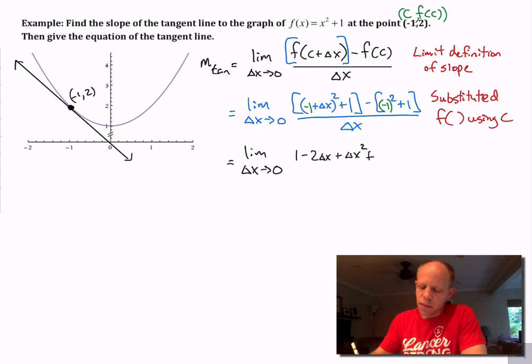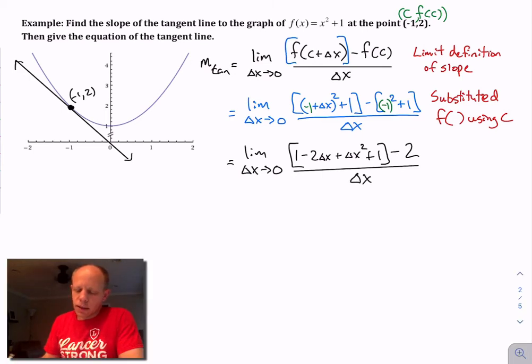Next, we still have that plus 1 right there. Okay, so this is that entire part in these brackets right there. Now we need to subtract f of c. And so we could perform the (-1) squared plus 1, and that would equal 2. Or you can just come up here, f of c is equal to 2, because they gave that to us. At any rate, this is going to be minus 2. And this is all going to be divided by delta x.